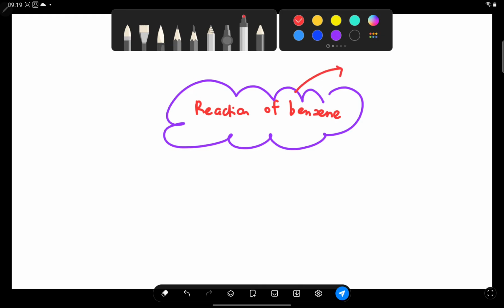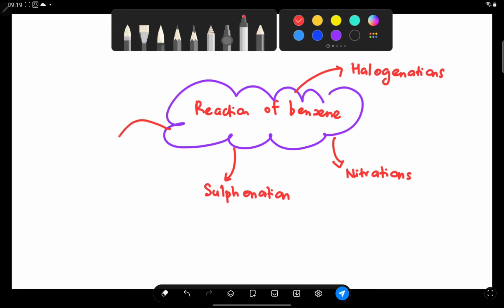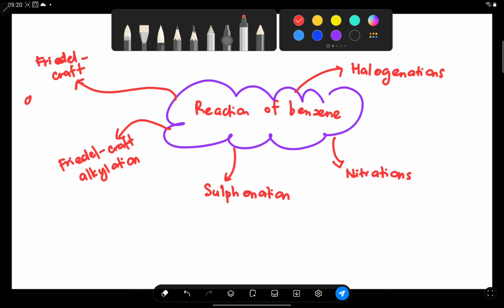In your syllabus, we will focus on halogenation, nitration, sulfonation, Friedel-Crafts alkylation, and Friedel-Crafts acylation.